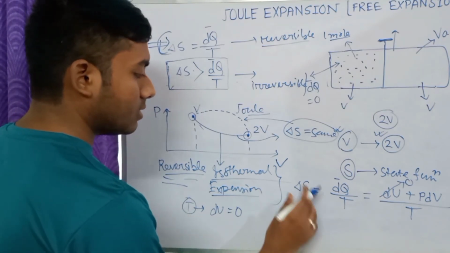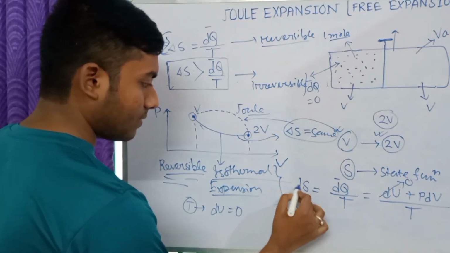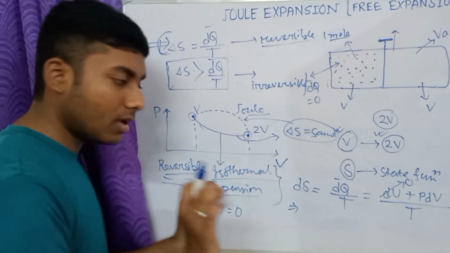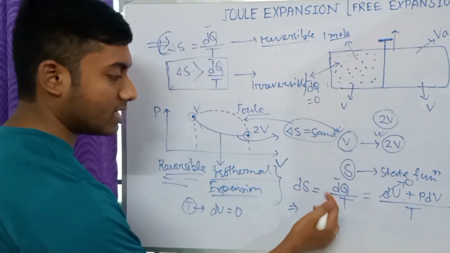Now we have to calculate this. This will be dS, as this is for an infinitesimal path.